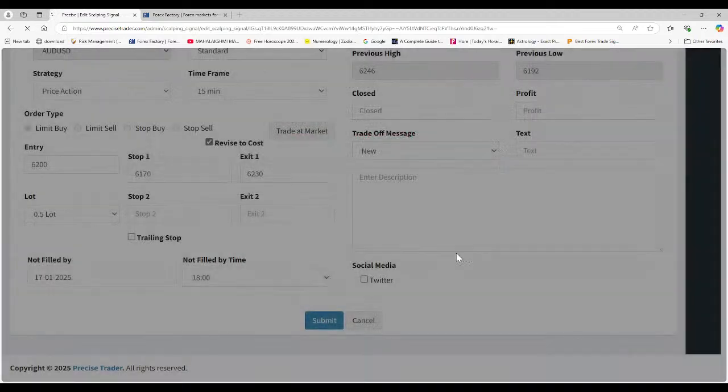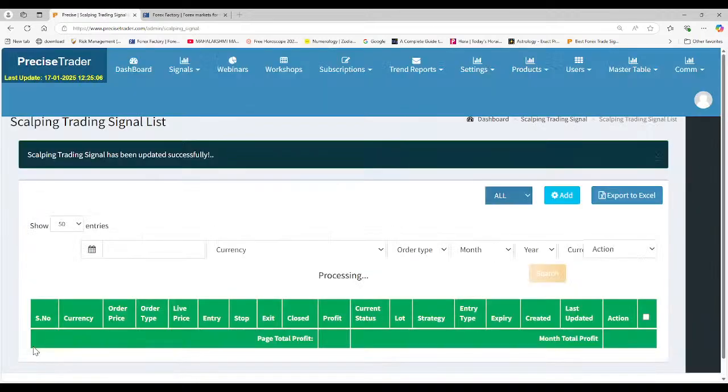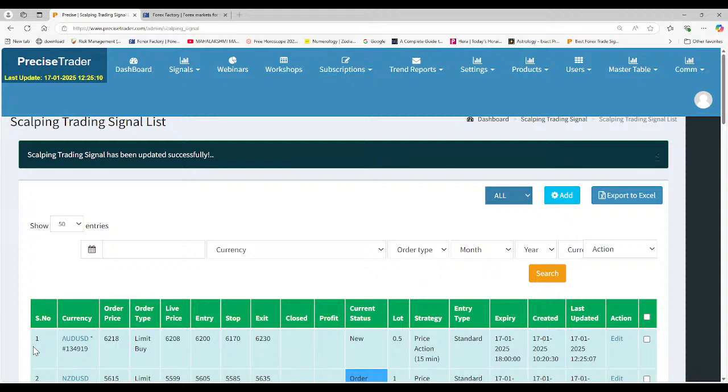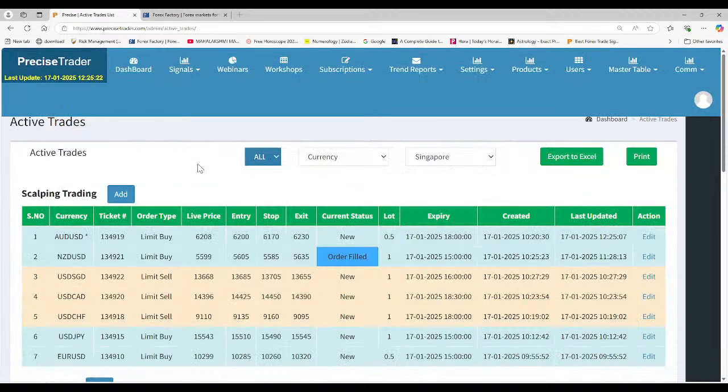We are not changing the level, but reducing the lot size and the stop. Because we are going for a bigger risk, that's why we are reducing the stop, and we try to exit before 62.30.